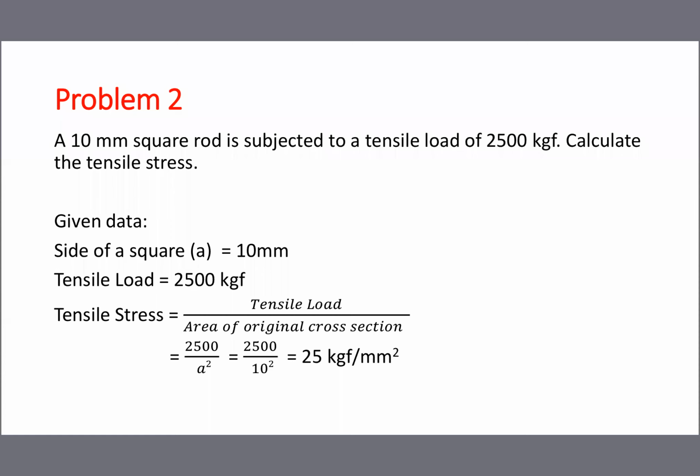For a square rod, the area of cross section is the end portion withstanding the load, the point load. So for a square rod you have to take A square. For a rectangle rod, you take L into B. So it depends upon the shape of the rod. Side into side, 10 into 10.